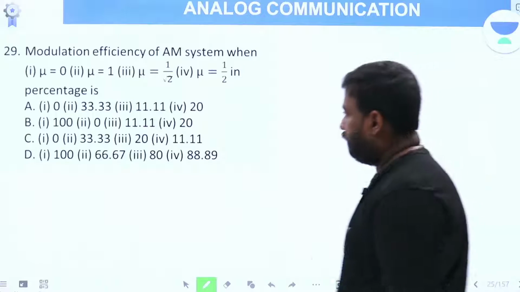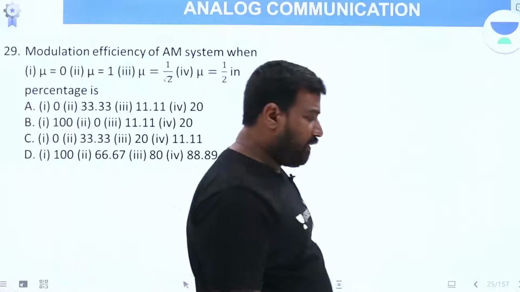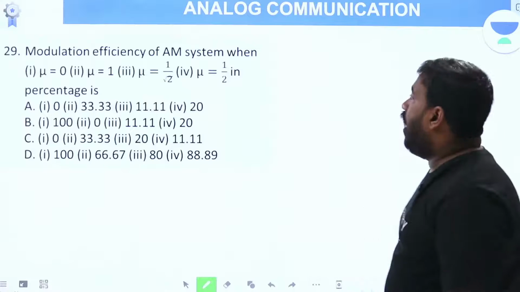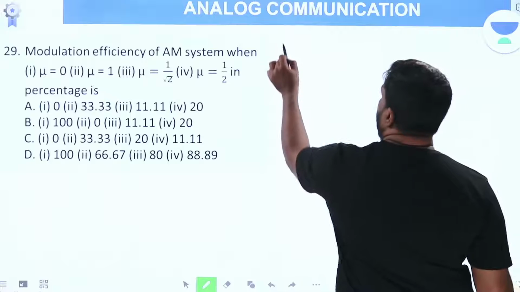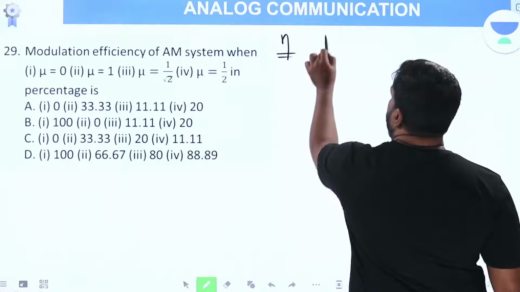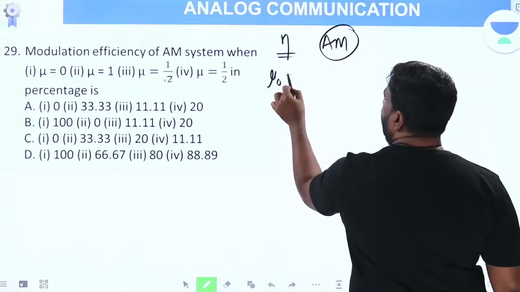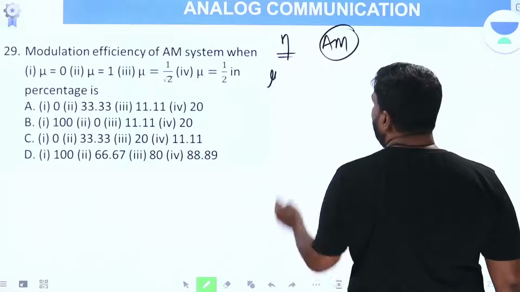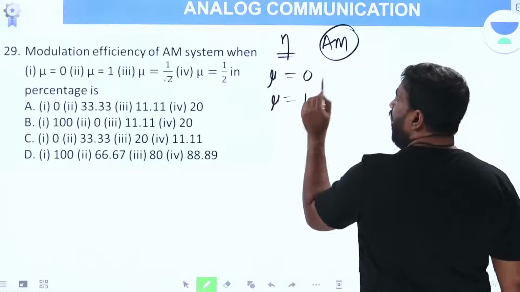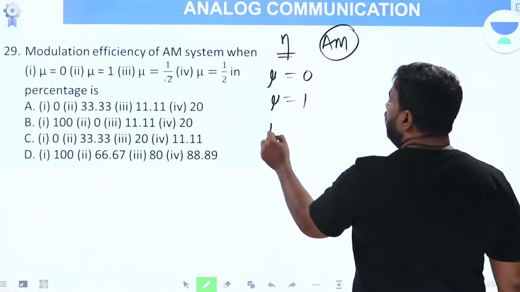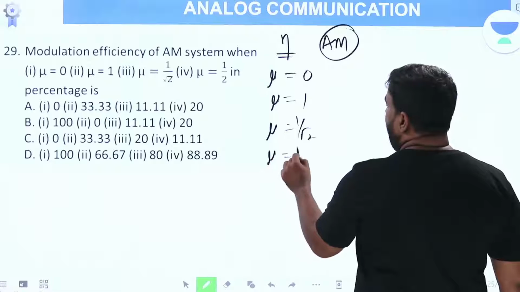Next. Good question, this question is very good. I'll just read out the question for you. Modulation efficiency of an AM system, eta, is asked, when mu is 0, mu is 1, mu is 1 by root 2, mu is 1 by 2.